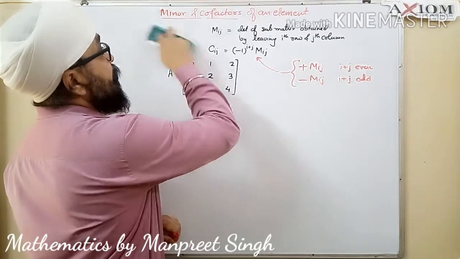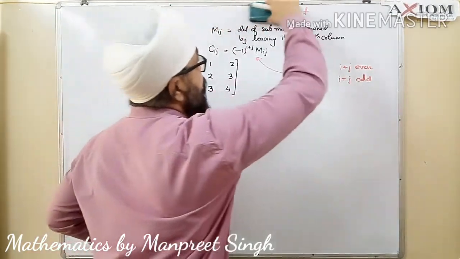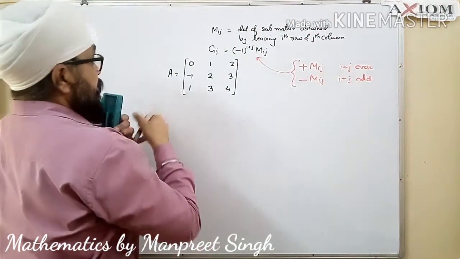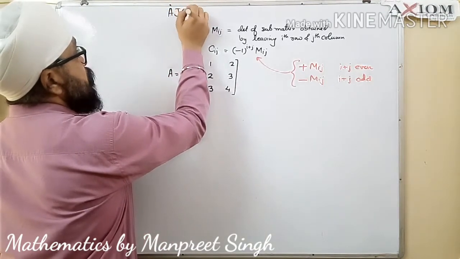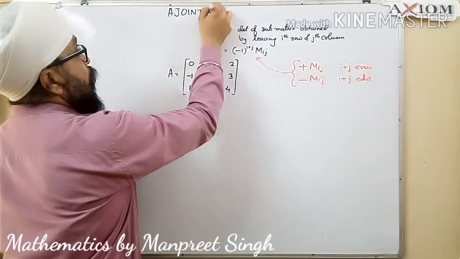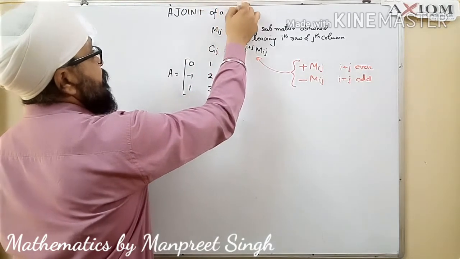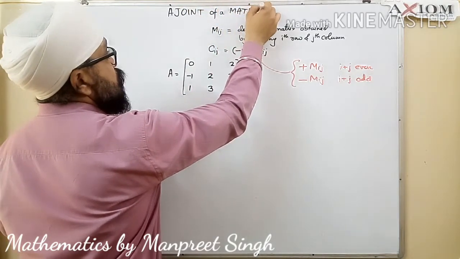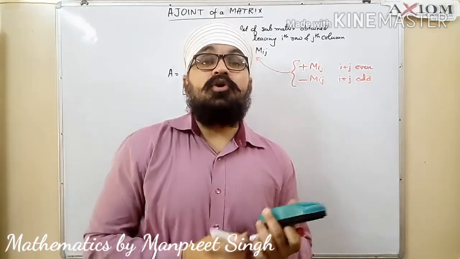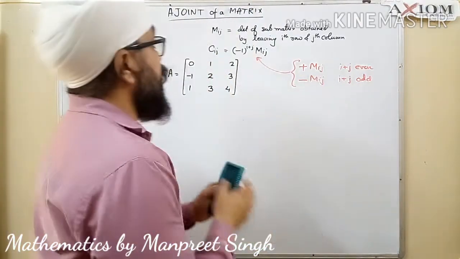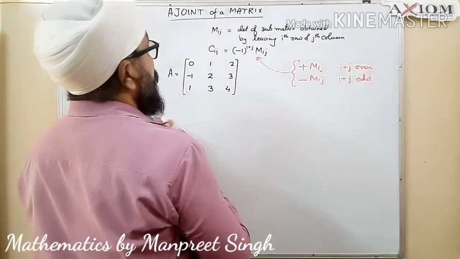But now after recalling these minors and cofactors, I am going to take the main topic, adjoint of a matrix. As I told you, to take the adjoint we should know what minors and cofactors are, that we have already written. So this I will be keeping here only.